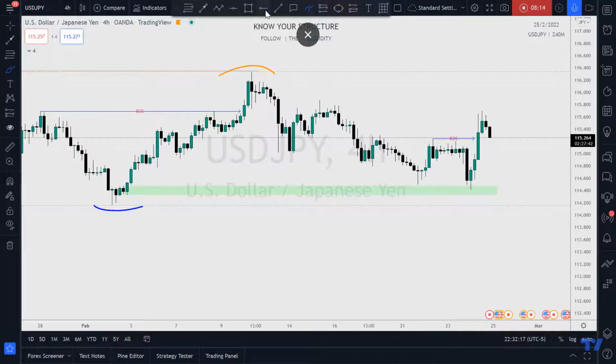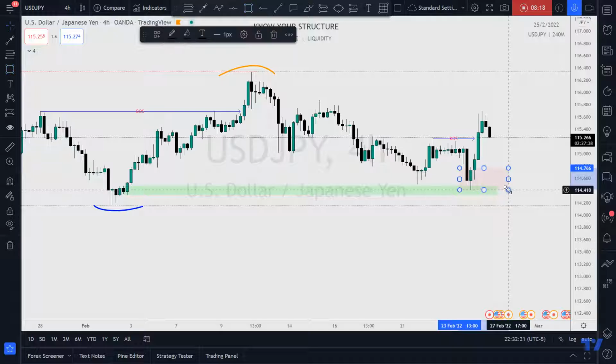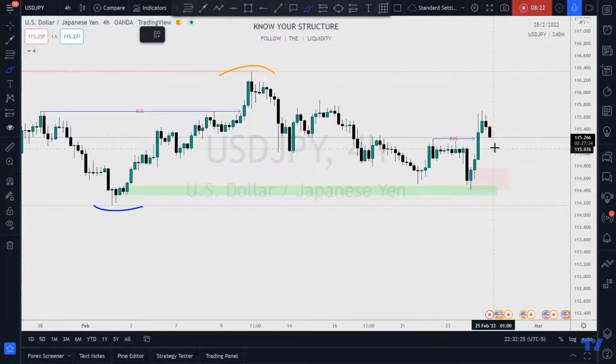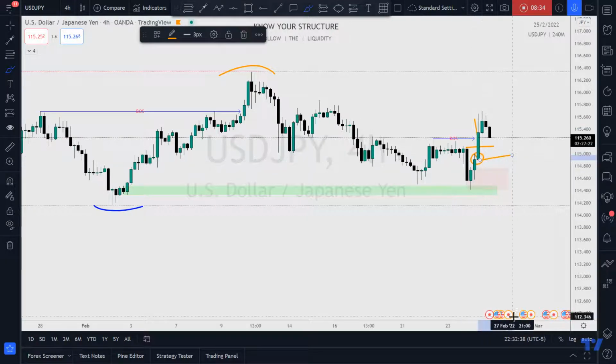And I would be looking somewhere in this vicinity for price to come down and up. Maybe we get it around this area. There is a sell to buy move here. So, somewhere around there.